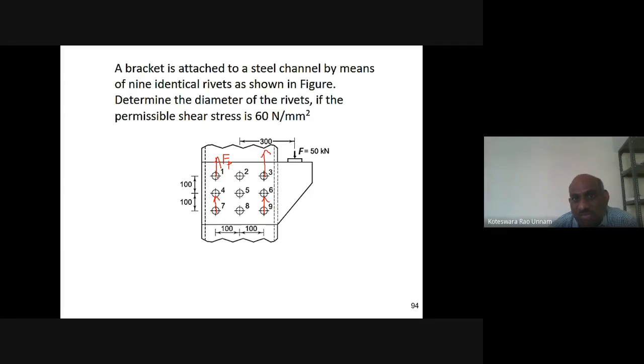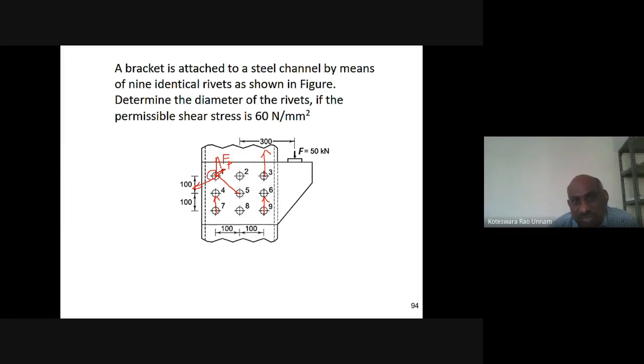If you come to the FS, here is a line joining the rivet to the center. I need to draw the perpendicular to this line. This creates a clockwise movement, so I have to take the arrow something like this. Then I need to estimate this angle.